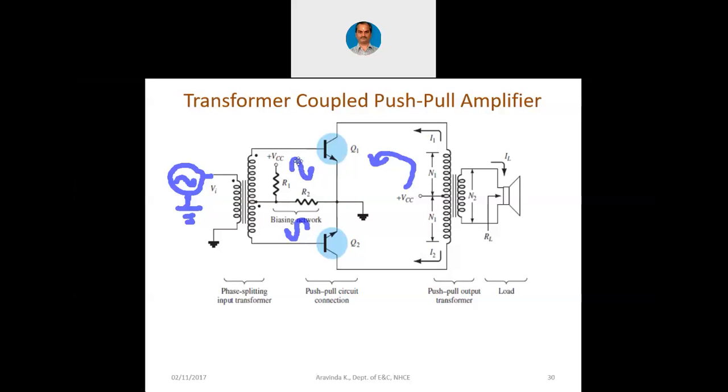Now when it comes to the negative cycle, Q1 will turn off, Q2 will turn on, and the current will flow in this manner now. Current will flow later on when Q2 is turning on in this manner. I think I should change the color of this.